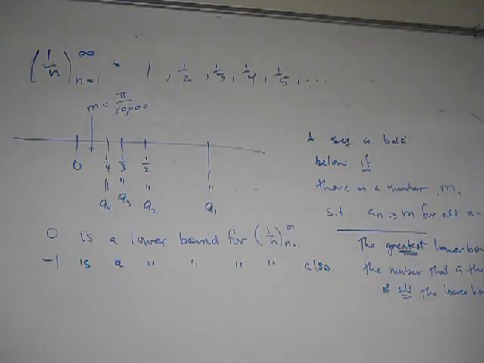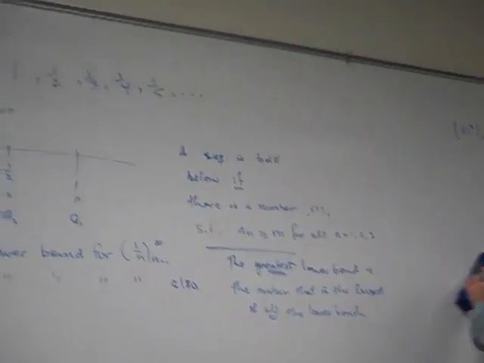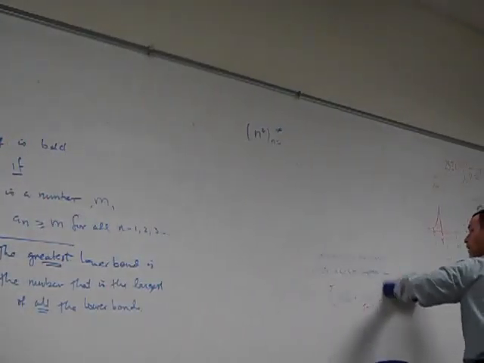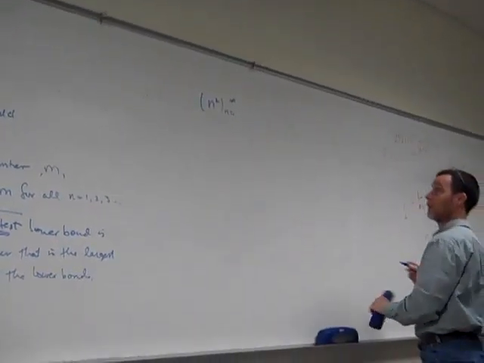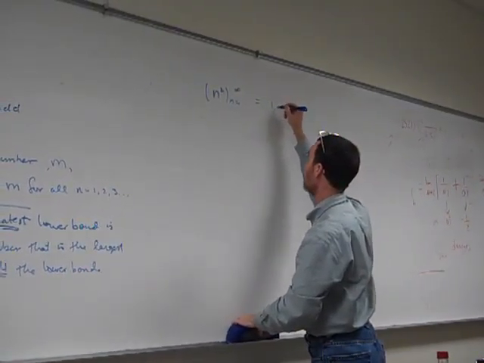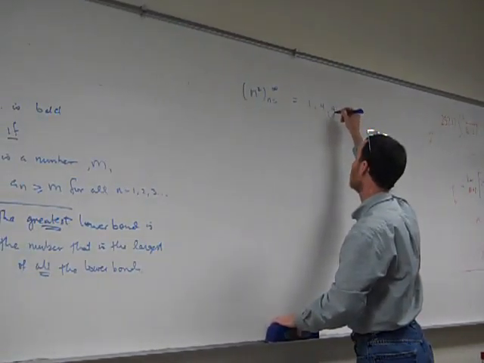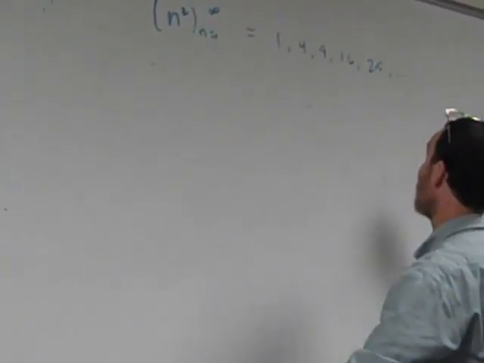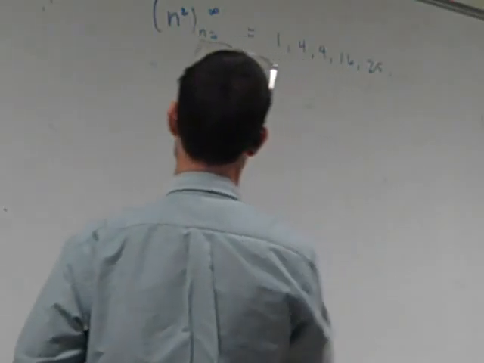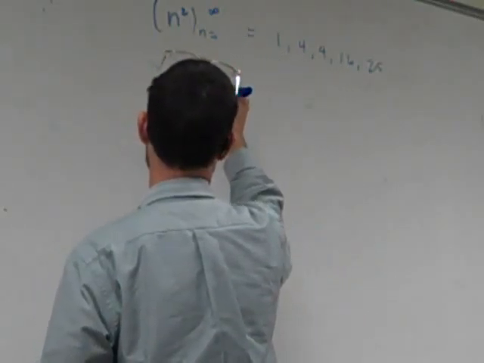Not every sequence is bounded at all, because all I have to do is let it be n squared from n equals 1 to infinity. Is that sequence bounded below? Right? What does that sequence look like? 1, 4, 9, 16, 25, and so on, right?